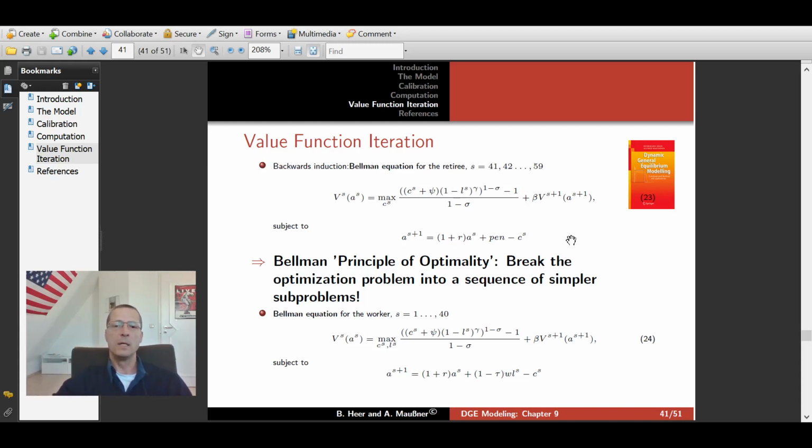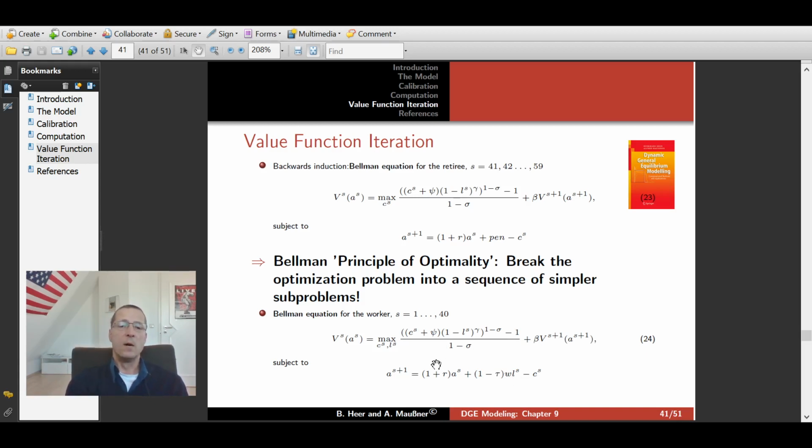Okay, now let's go even further back in age, so go back in time and look at the worker between age 1 and 40, and his value function is the instantaneous utility at S plus next period value of A of S plus 1 discounted by factor beta, subject to his budget constraint.